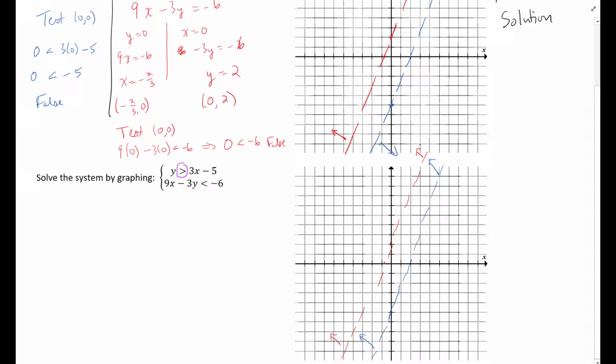Now, where is the intersection of those two shadings? Really that's the only part that we should actually be shading, the intersection. And that intersection would be the region only above the red line. And so I've shaded that in purple, the combination of red and blue.